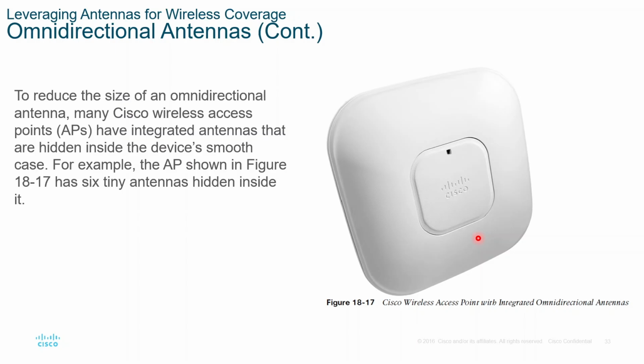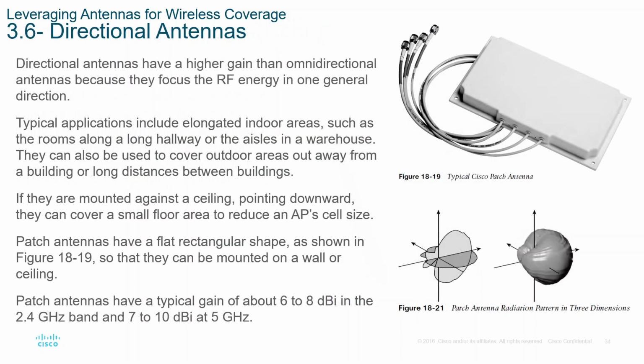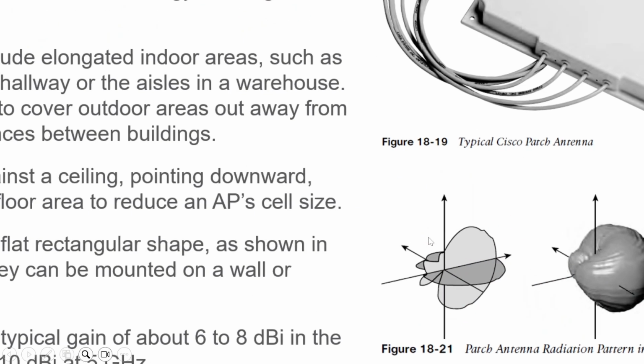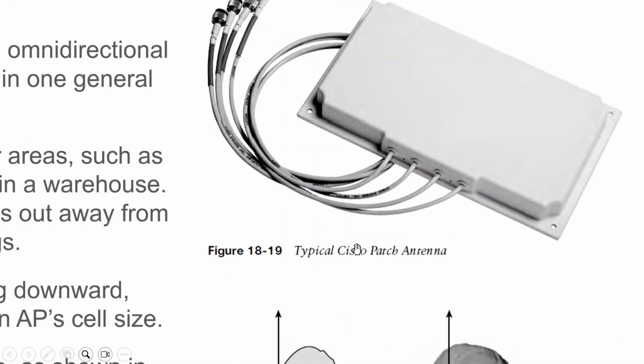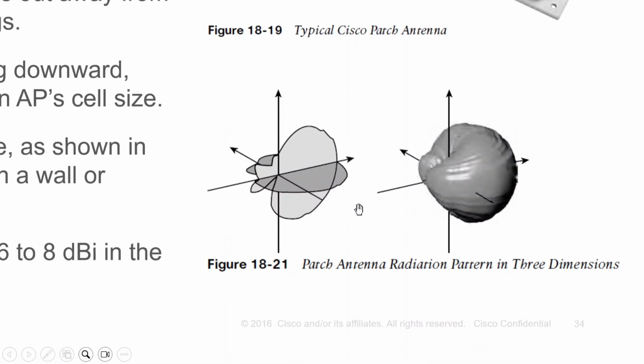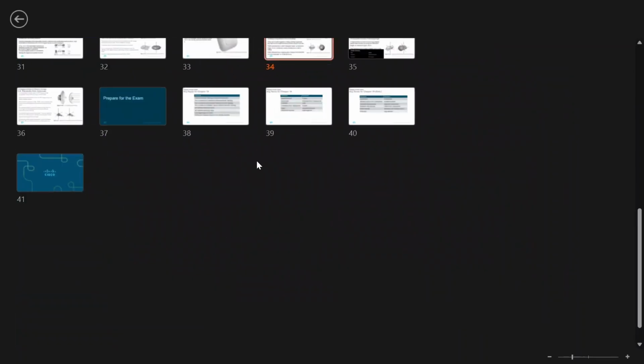And this is how those antennas evolve, it's all inside. What this is showing is that this patch antenna gives a signal like this. These are the leaks, by the way.